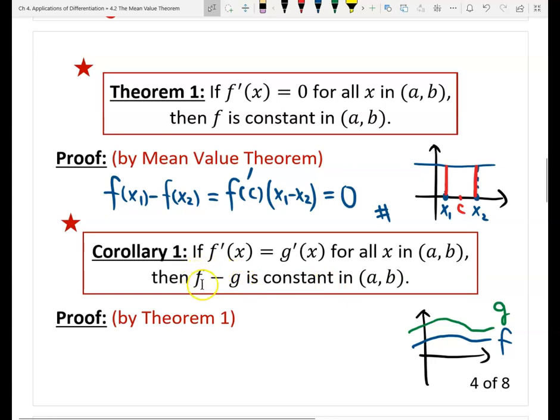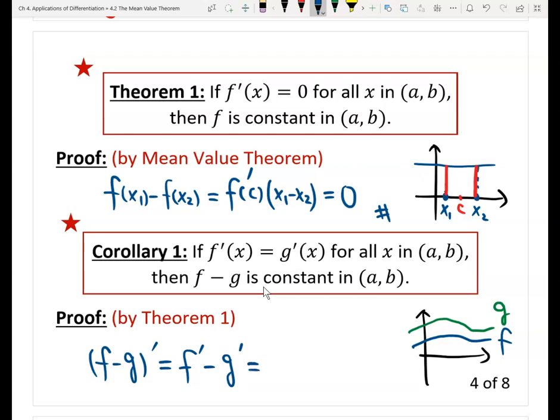So we find the derivative of this function, f minus g. This is a function, right? Taking the derivative gives f prime minus g prime, by the differentiation rule. And what do we get? We get 0, because the condition says the derivatives are always equal. Is this a proof? Yes, by Theorem 1, because the derivative of the function equals 0, so the function is constant.